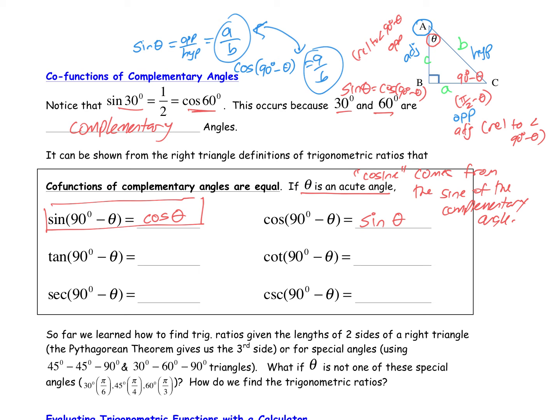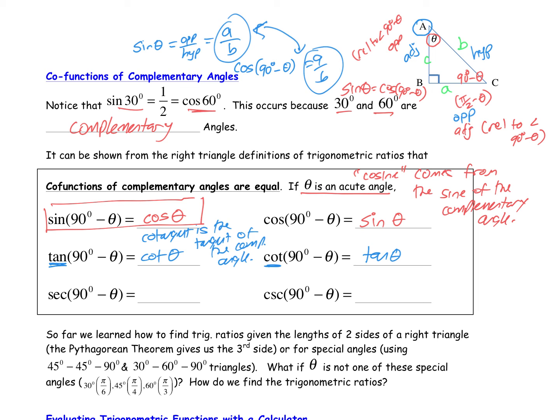Likewise, we can do other pairs of cofunctions. So cofunctions tangent and cotangent. Tangent of 90 degrees minus theta is cotangent of the complementary angle, which is theta. So we can say the cotangent is the tangent of the complementary angle. So cotangent of 90 degrees minus theta here will be tangent theta.